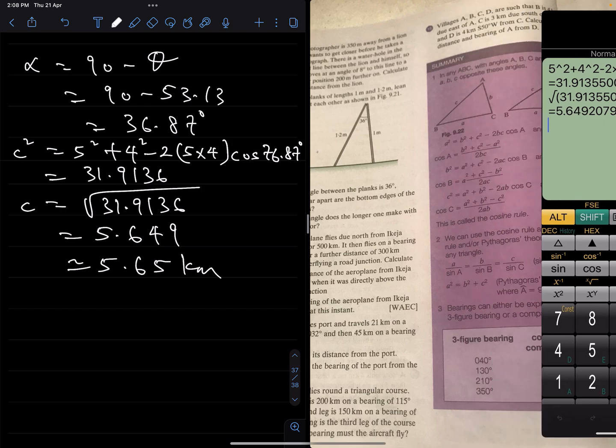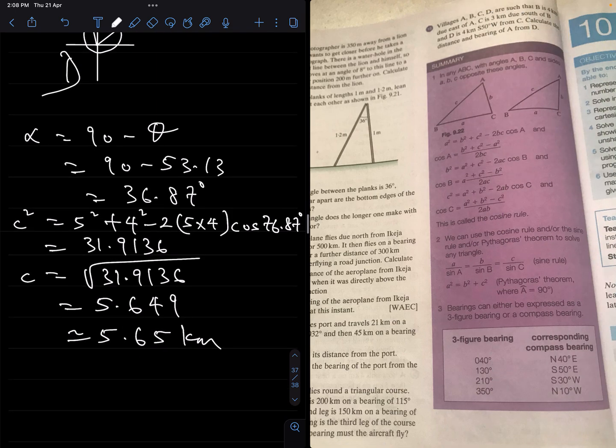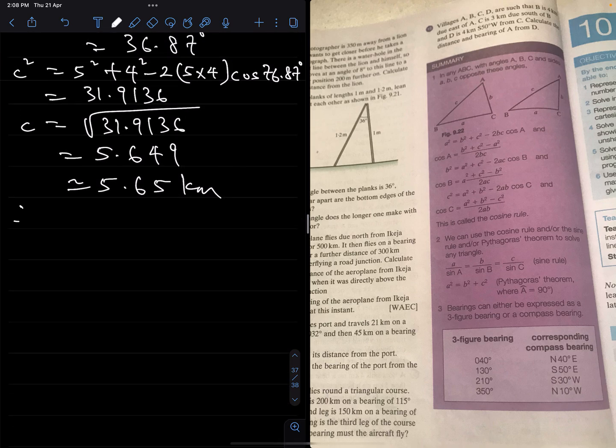Now that answers the first part of the question. The distance AD equals 5.65 kilometers.